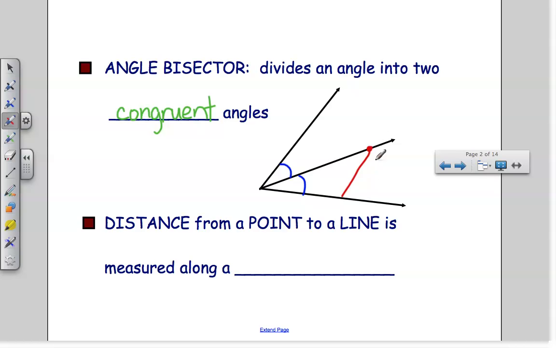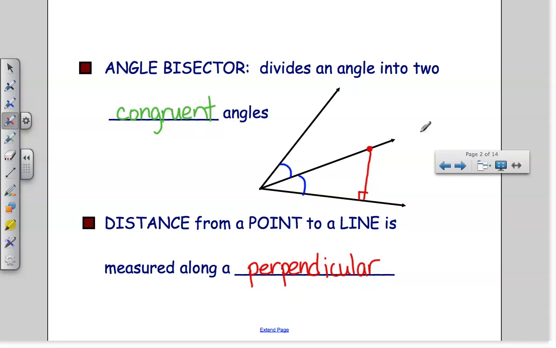The shortest distance from a point to a line is measured at a right angle, along a, what is that called when you meet at a right angle? Perpendicular. And this will be important today: if you are measuring the distance from a point to a line, make sure you're measuring along a perpendicular and that you have a right angle mark there.